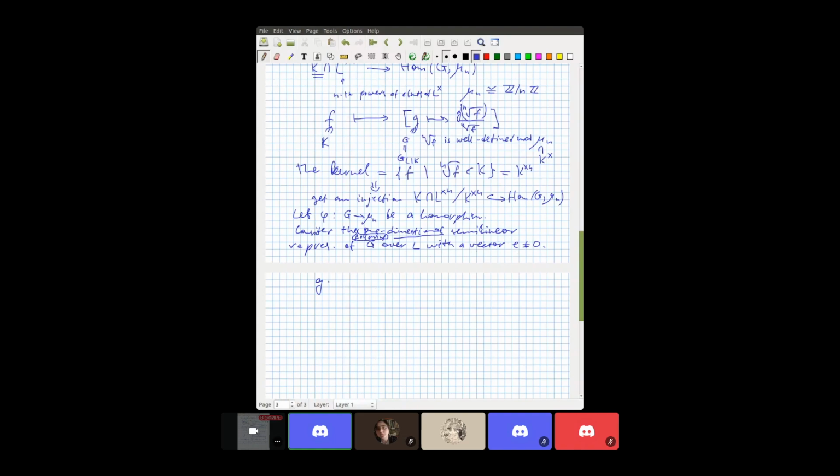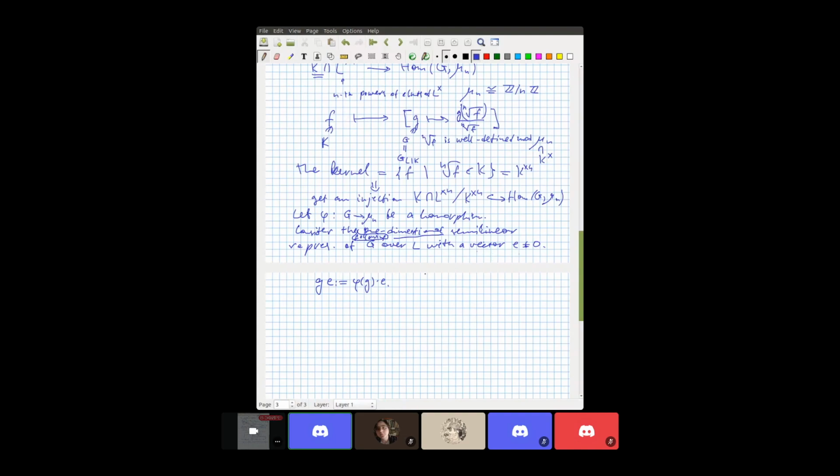So we say that G acts on E by multiplying by the value of this homomorphism. By definition, we can assume that our group acts on this vector by multiplying by the value of phi.